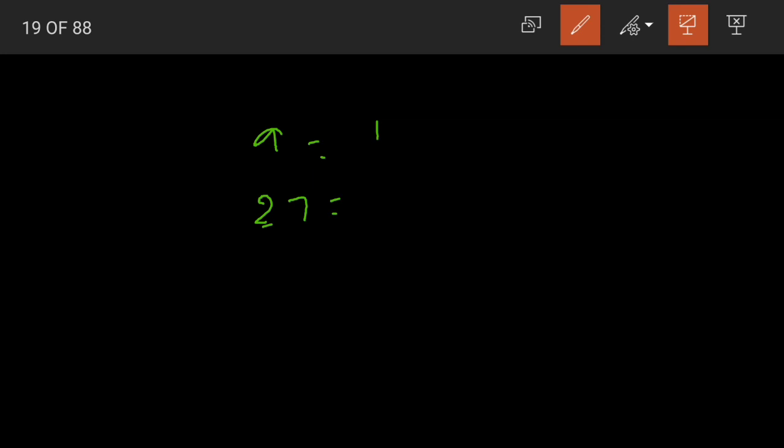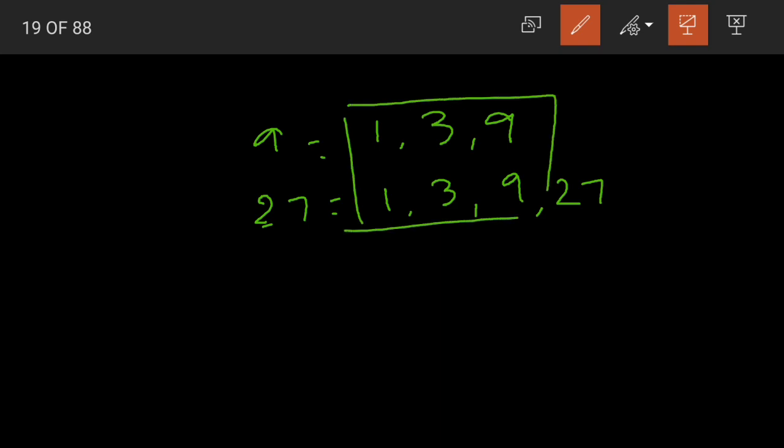What are the factors of 9? We have 1, 3 and 9 as the factors of 9. And for 27 we have 1, 3, 9 and 27 as the factors of 27. Now what are the common factors here? 1, 3, 9.